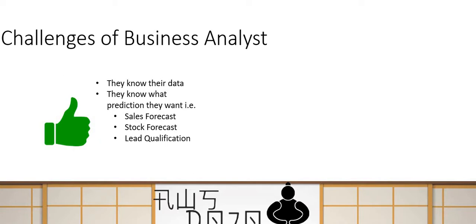They understand how clean the data is, how biased or unbiased it is, and they know what prediction they want to make, whether it is a forecast, a regression or numerical prediction, or a classification prediction.